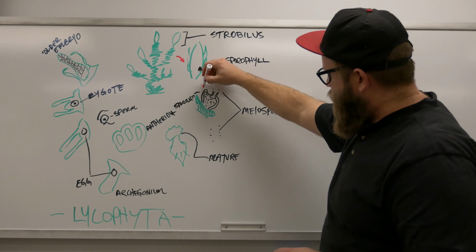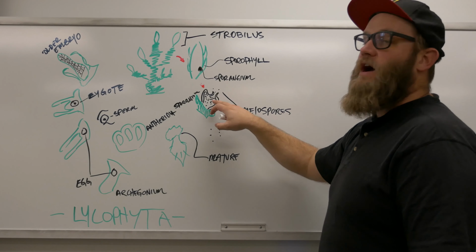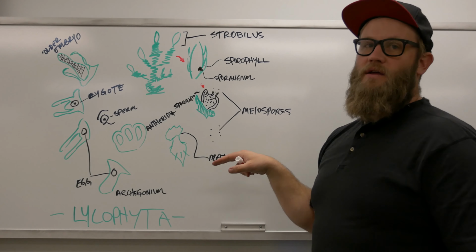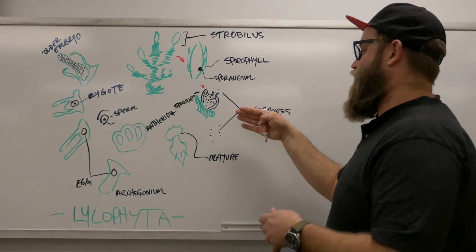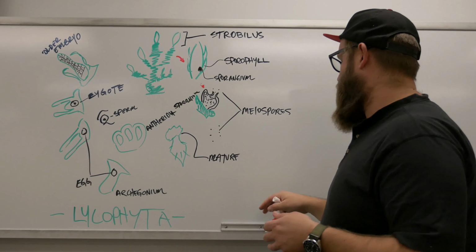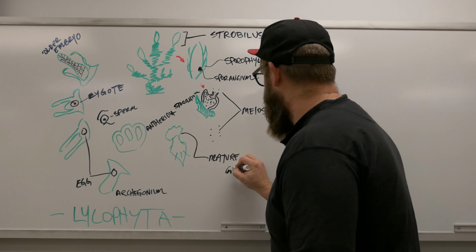And if we zoom in on that, we're going to see that we've got this structure that produces these meiospores, okay? And these meiospores are going to leave this, and then this is the mature gametophyte. I didn't write that, so gametophyte.